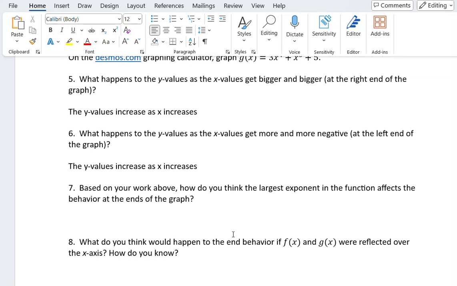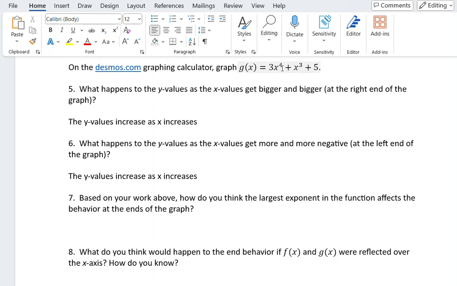Question 7 says, based on your work above, how do you think the largest exponent in the function affects the behavior at the ends of the graph? So we see that the graph with the even degree, the degree of 4, increases on both sides. That's similar to a parabola, which has a degree of 2.